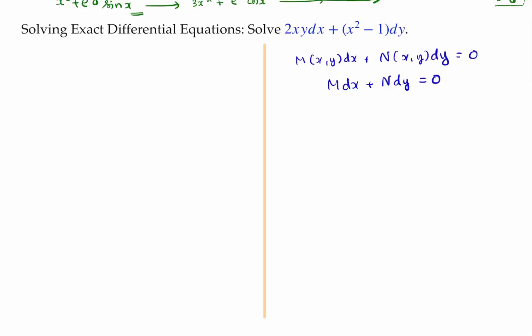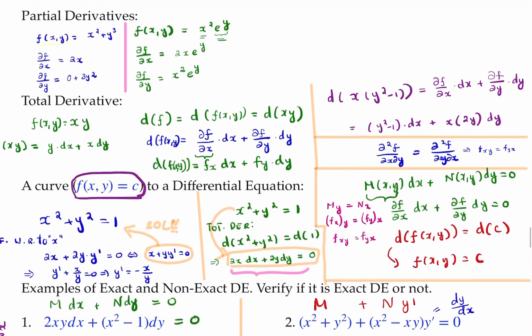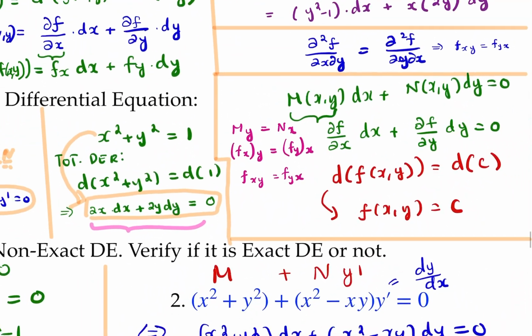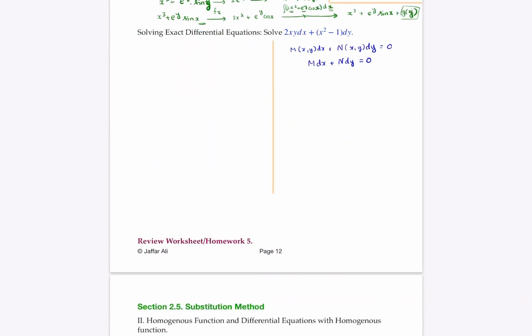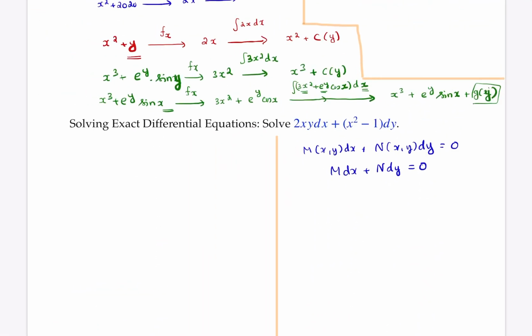Now, suppose, as we said earlier, we are hoping that this M and this N came from the same exact function f in such a way that M is your fx and N is your fy.